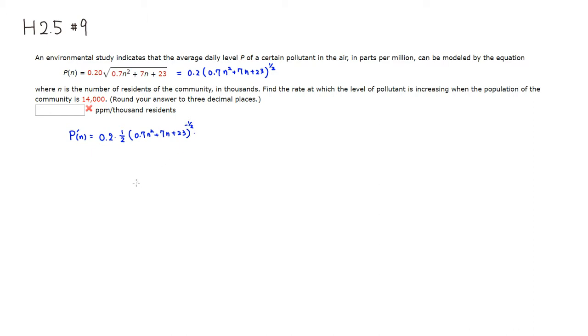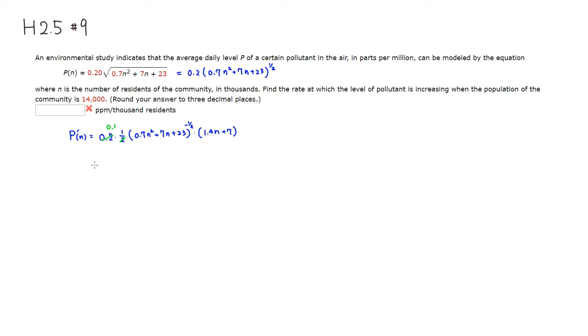Then multiply by the derivative of the inside, which is going to be 0.7, put 2 in front, so 1.4n. The derivative of 7n is just 7, and the derivative of 23 is 0. Then do a little simplification: the 2 and the 1/2 cancel out, so you have a 0.1 there.